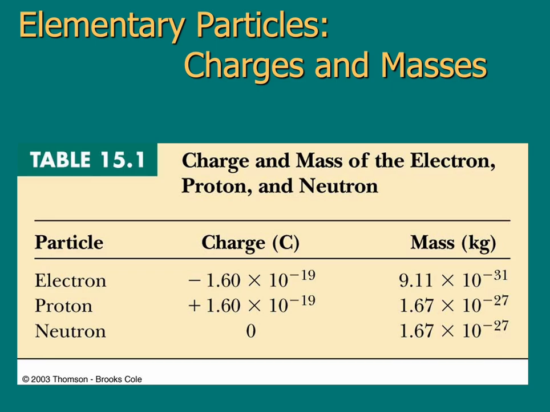Proton mass is 1.67 times 10 to the negative 27 kilogram. Electron mass is 9.11 times 10 to the negative 31 kilogram. If you compare the mass of electron and the mass of proton, you do the math, you'll find out the proton mass is roughly 2,000 times the electron mass.